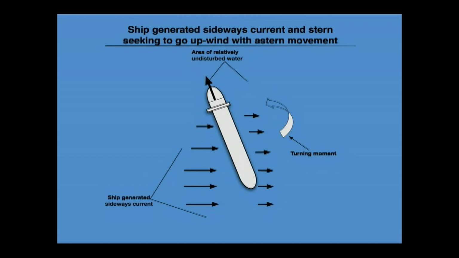When the vessel is going astern, it pulls the aft part of the vessel out of the ship-generated current. The stern being now in an area of relatively undisturbed water, the rest of the vessel still in the local ship-generated current, a turning couple is created, bringing the stern upwind.